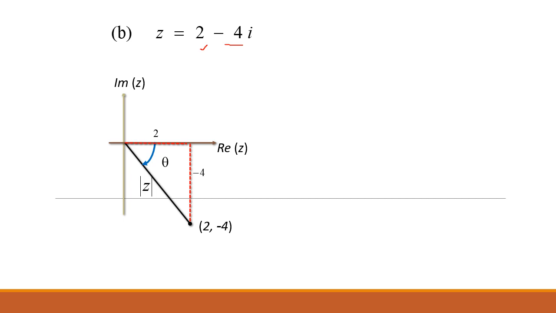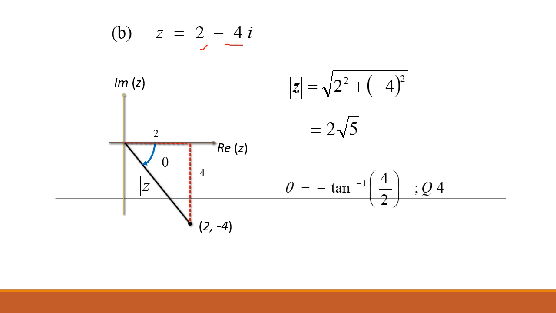And then the next part is to find the modulus. Apply the formula, and we will get the same answer, because the magnitude is the same. And then how about the argument? Because it is in the opposite, clockwise direction, it should be negative arctangent of 4 over 2.